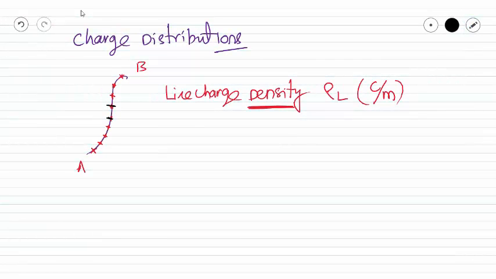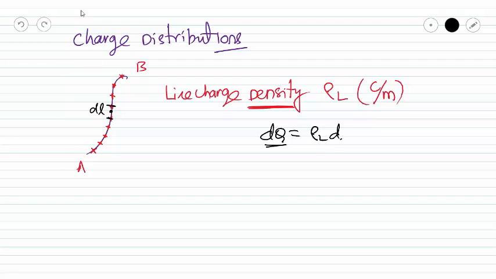So this is the differential element of length dl, which is located at some point here. This is the reference point of the dl. Now the differential amount of charge is dq. So dq is the differential amount of charge on the differential length dl, which is given by rho L into dl.